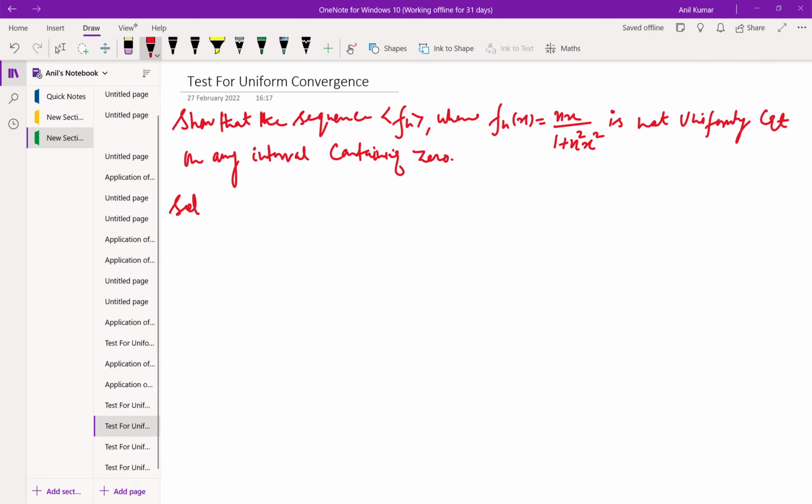So solution: let f_n(x) be nx over 1 plus n square x square, right? It says this is not uniformly convergent on any interval containing 0.